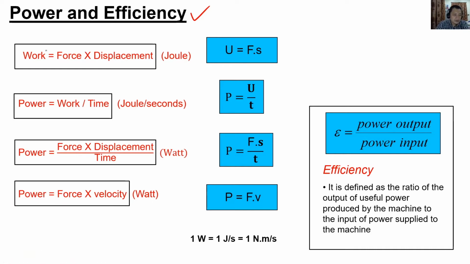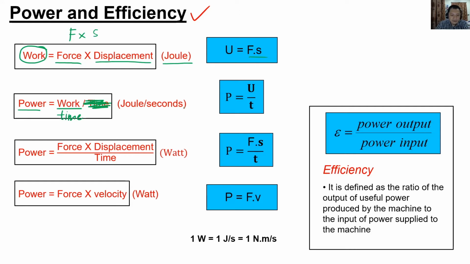So there is something called work. Work is basically force times displacement, and you can put the unit of work in terms of joule. So it's basically force times displacement, or S, F times S. In order to get power, you need to divide it with time. So power is equivalent to work divided by time.